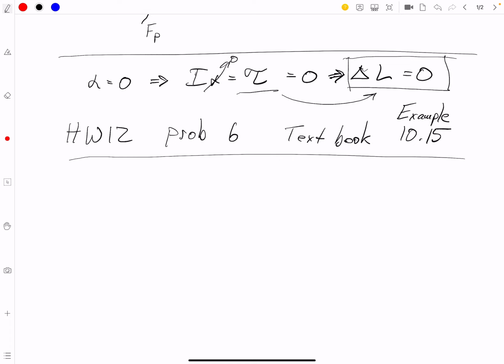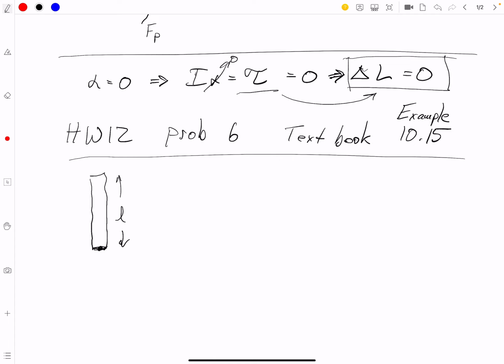Okay. In the book, and just like the picture on the screen, we have this thing that is coming in and hitting a stick of length L, and the axis of rotation is about one end of the stick.